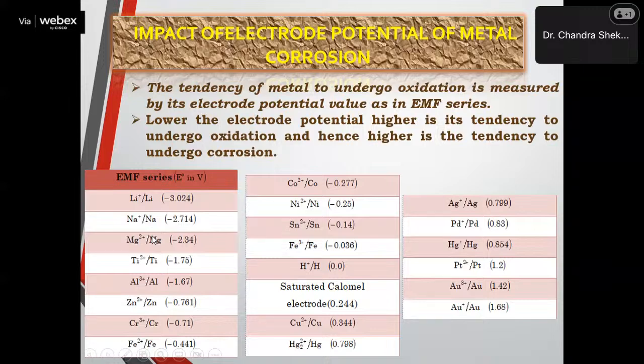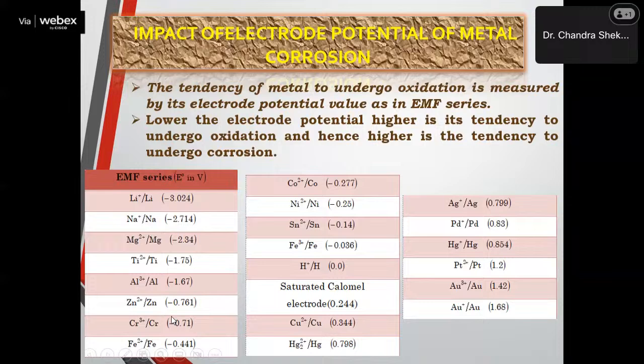There are a few exceptions that you have to remember. That is, the passive metals like titanium, aluminum, chromium, even though they have negative potential values, show very little tendency to undergo oxidation and corrosion because of the nature of the corrosion product, which gives protection to the surface and the inner part of the metal. Therefore, titanium, aluminum, and chromium, which we use in stainless steel, whereas iron undergoes corrosion very easily.